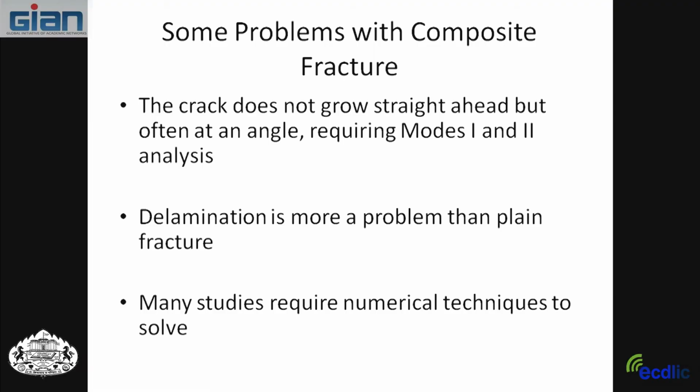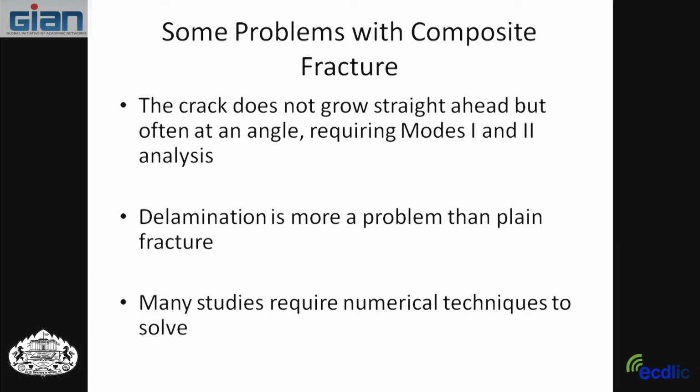Here are some of the problems you would run into with fracture in composite materials. Crack doesn't always seem to grow straight ahead, but sometimes at an angle. So if you start with a crack growing in mode 1, maybe it shoots off into mode 1 and mode 2.